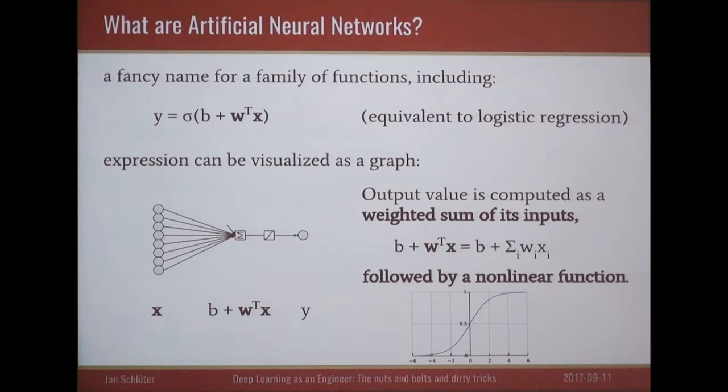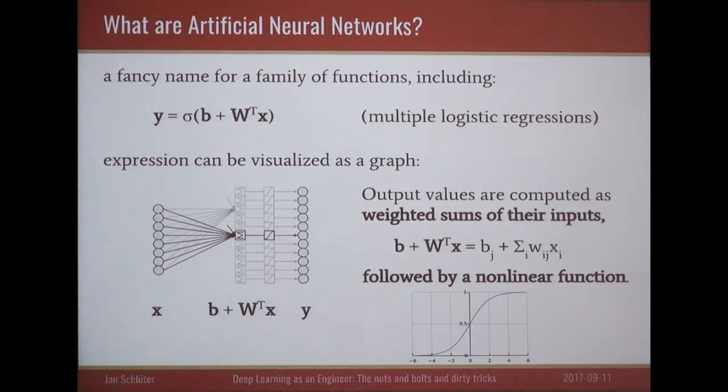For example, this would be good for the muffin versus dog task. Whatever the input is, the output will be squashed to the range between 0 and 1. And this is equivalent to logistic regression.